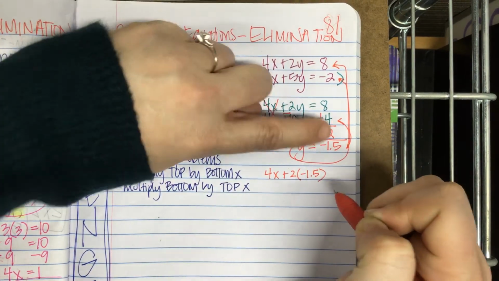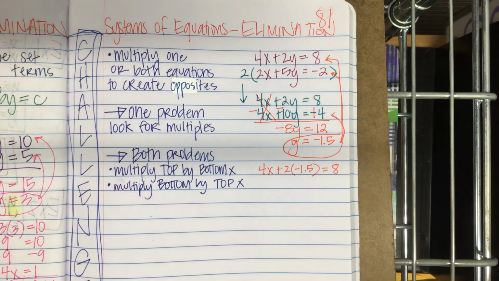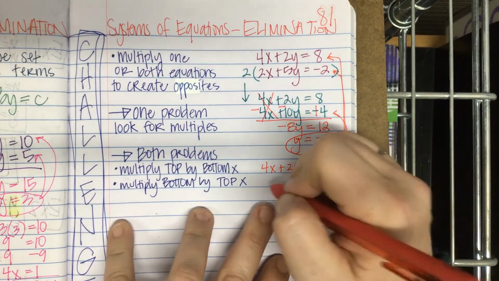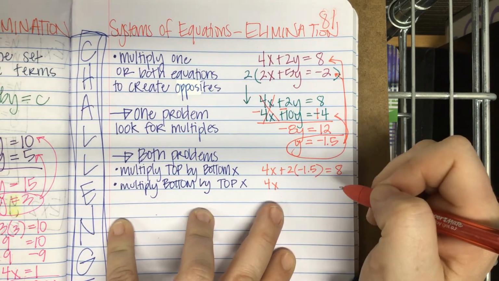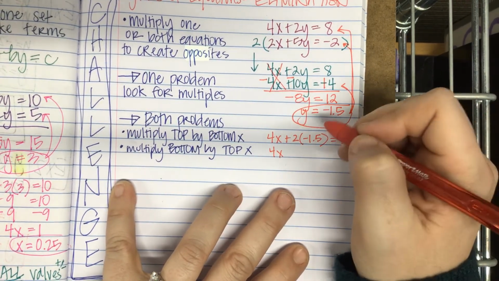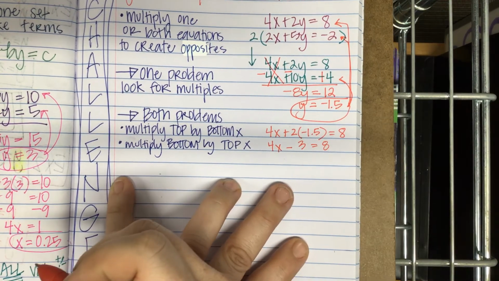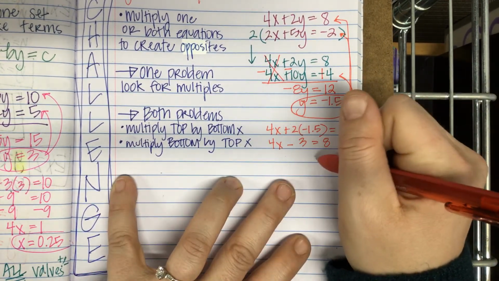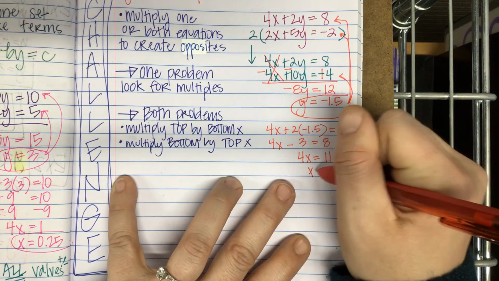Instead of y, I put negative 1.5, equals 8. 4x, what? What's 2 times negative 1.5? Negative 3 equals 8. 4x equals 11. X equals what?